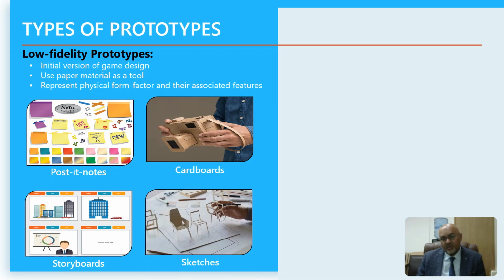There is another important type of low fidelity prototype, which is sketches. Sketches are instrumental to translate the ideas into a number of screens and put the number of functionalities associated with different sorts of screens and number of scenes and the different sorts of levels and environment involved in the game design and the artifacts that are considered in the game designs.